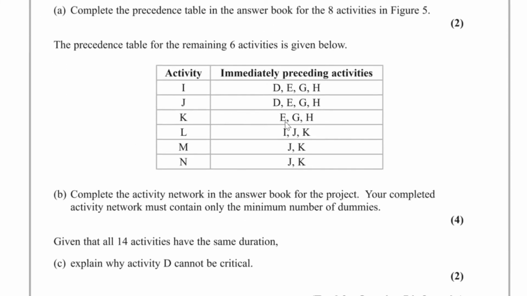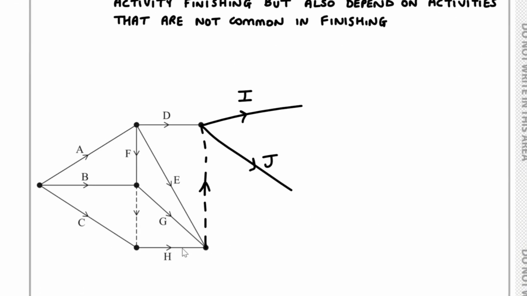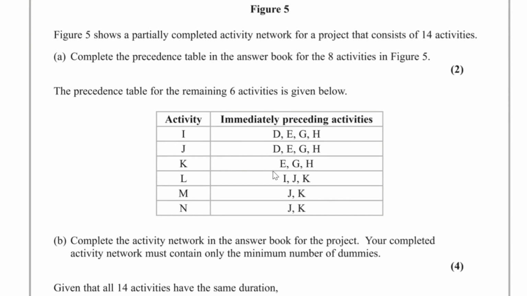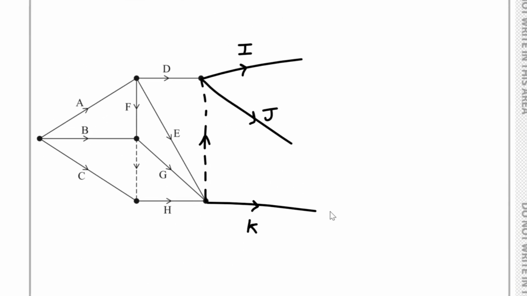We've got K, which depends on E, G and H. So E, G and H, K depends on all of those. Then we have L, which depends on I, J and K. So I, J and K, L depends on all of those.